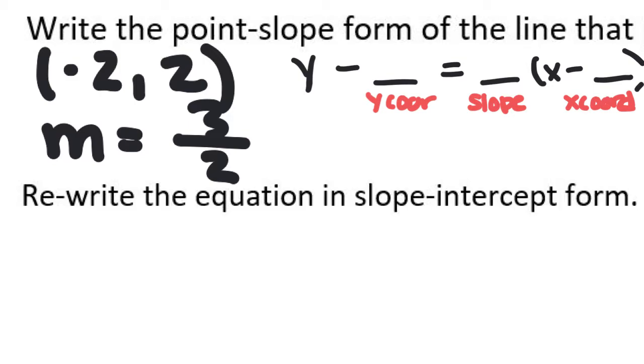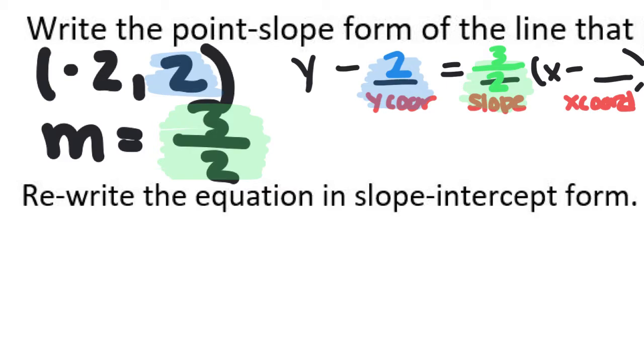Now, for the first blank, the y coordinate is 2, so I'm going to fill in a 2. Then for the next blank, we need the slope, and the slope is this 3/2, so I can fill in 3/2.